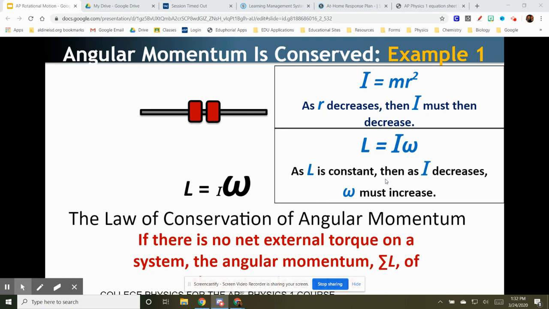That's a conservation of angular momentum because they're changing their moment of inertia, and when they change their moment of inertia, then that allows angular velocity to either increase or decrease. So that should be an important point to write down, that if you're changing your moment of inertia by changing your radius, then you're going to either increase or decrease your angular velocity.